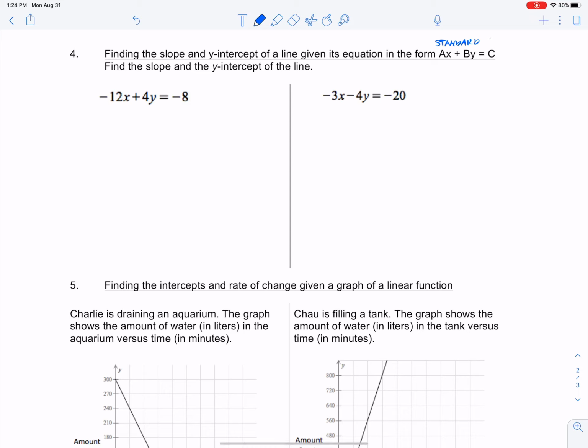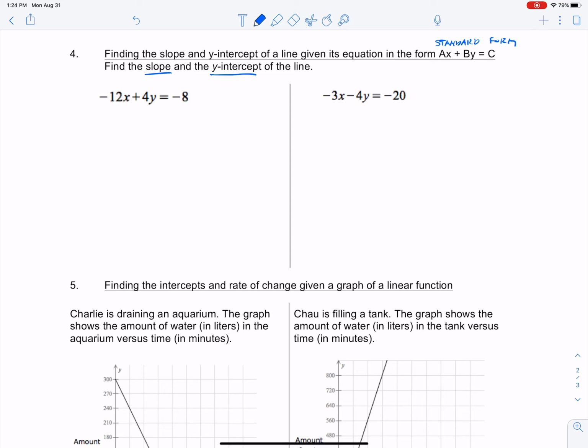From the standard form, we can convert it into slope-intercept form so that we're able to find the slope and y-intercept. So again, notice this is negative 12x plus 4y equals negative 8. So it's an ax plus by equals c form, which is called standard form.